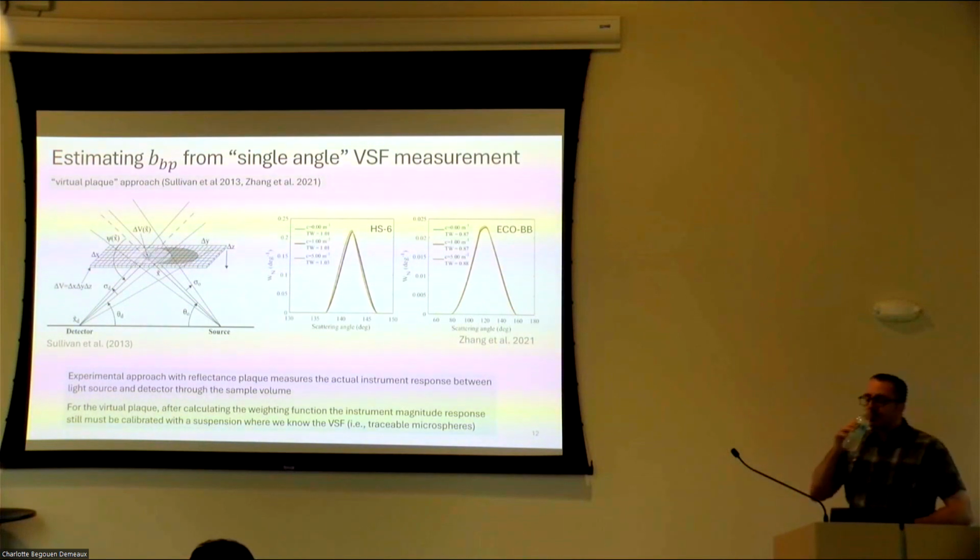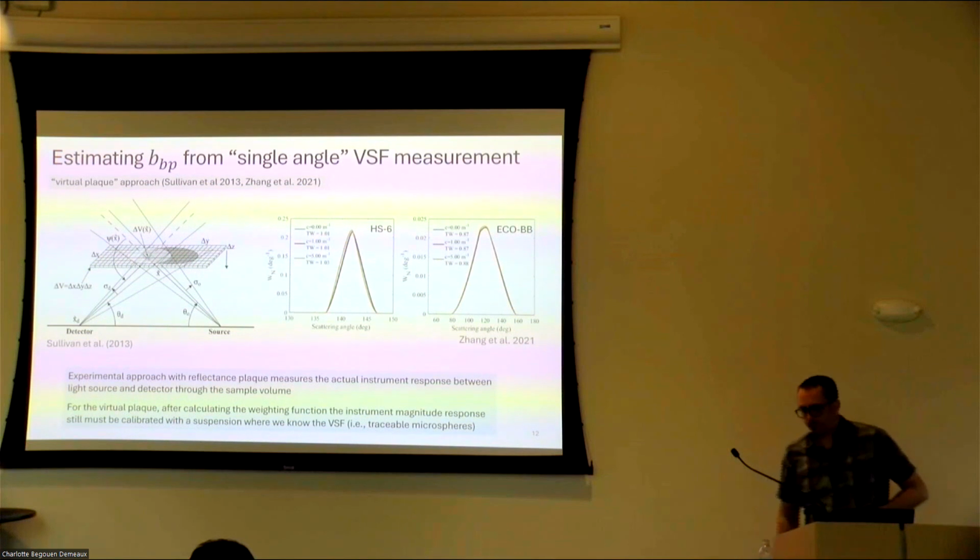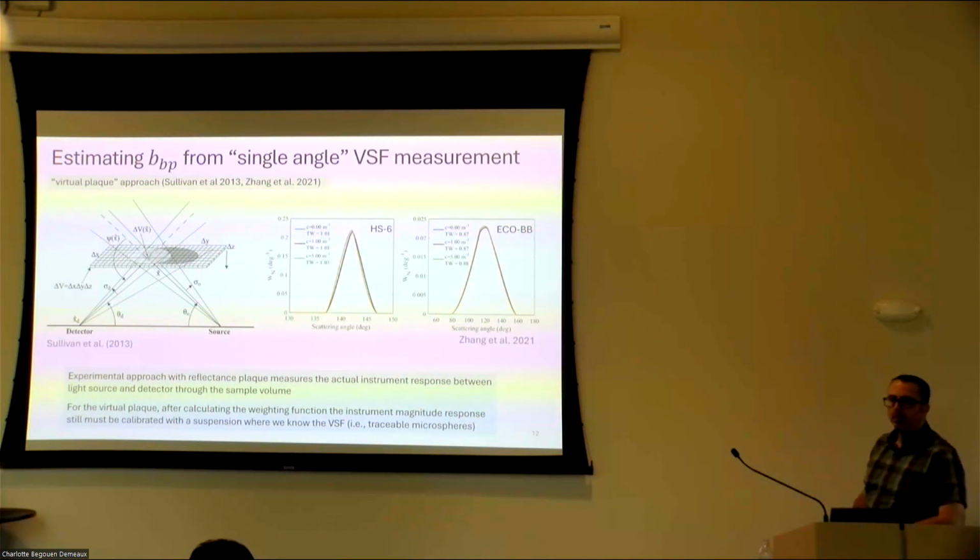You have to be a little bit careful when you calculate. It is something to be aware of, and just so you know, people who calibrate do not necessarily take into account the weighting function.